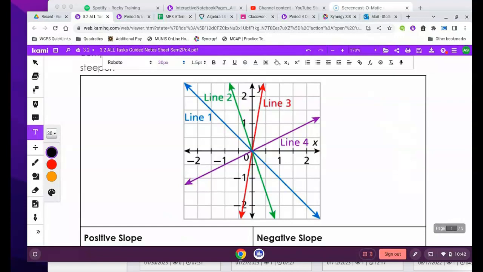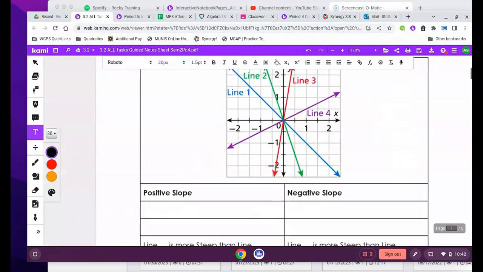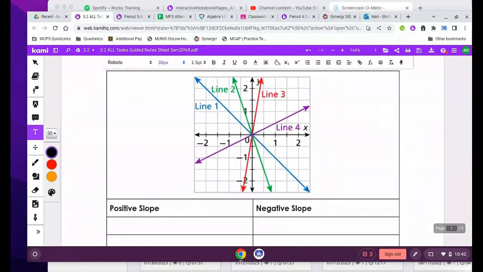We're going to separate all of the lines into either lines that have a positive slope or lines that have a negative slope. So the ones that are going up from left to right. It looks like line 4 is going up from left to right, and line 3 is going up from left to right.